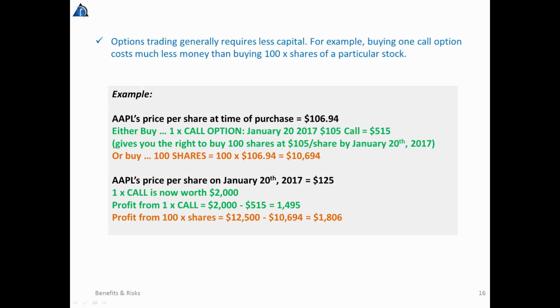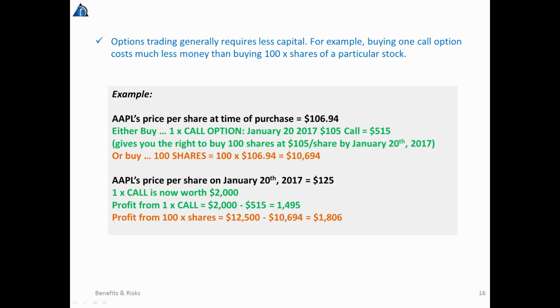I can either buy one call option, say the January 20th, 2017 call with a strike of $105 and pay a premium of $515. This, of course, gives me the right to buy 100 shares of Apple at $105 per share by January 20th, 2017.